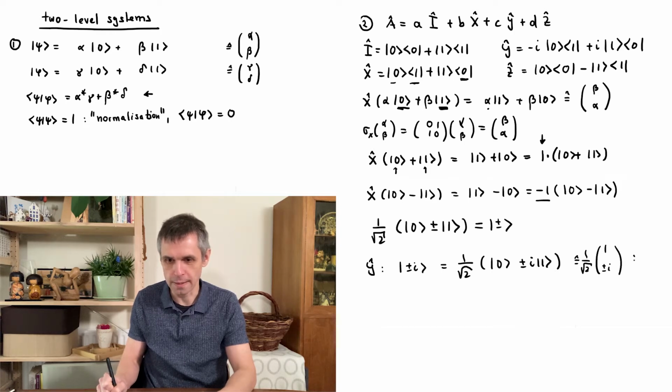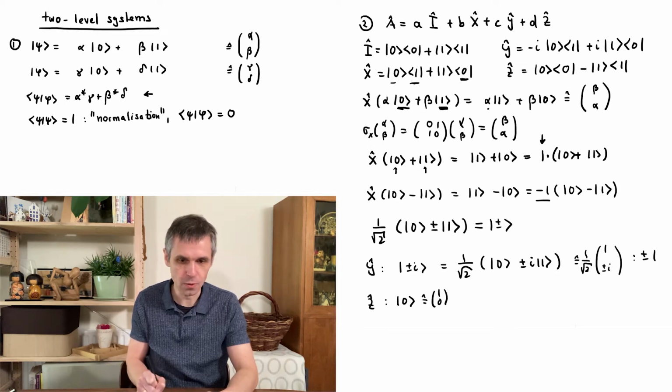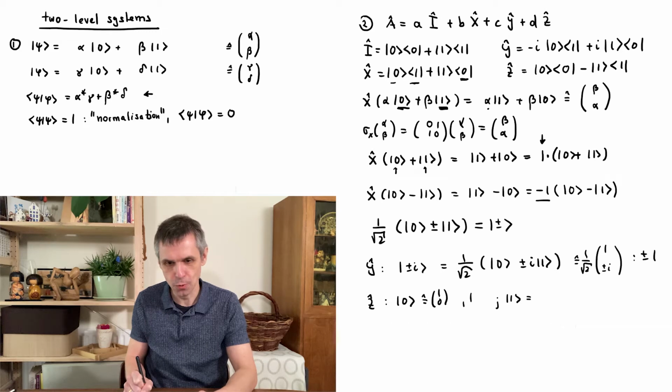And the corresponding eigenvalues, again, plus or minus 1. And for z, this is even simpler. This has just one eigenstate, which is this state here, corresponding to this basis vector. And this has an eigenvalue 1. And the other eigenstate is just the other basis vector, so corresponding to this vector here. And this has an eigenvalue minus 1.